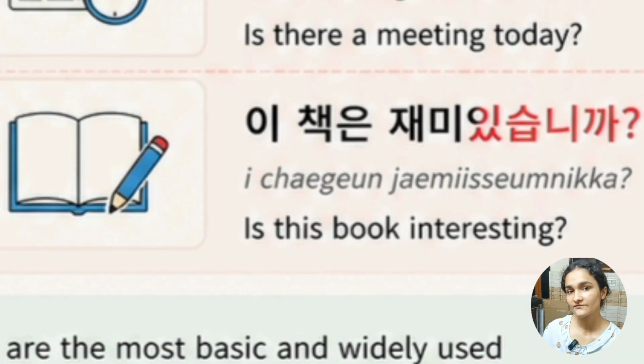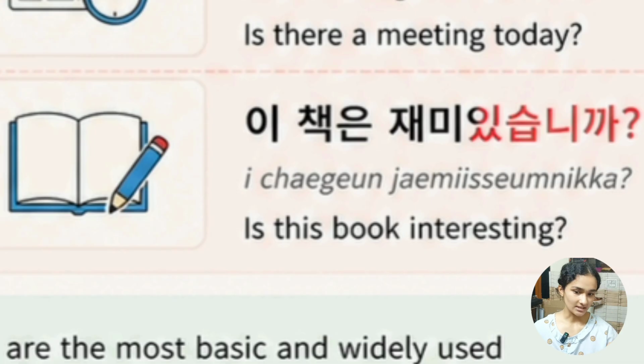And the last sentence for this video is 이 책은 재미있습니까? Like, is this book interesting? 이 means this. 책은 is like, 책 is the book. 은 is again a marker. I'm going to talk about the topic marker, the subject marker, the locative marker in another video. And 재미있습니까 is made from the adjective 재미있다. 재미있다 means to be interesting.